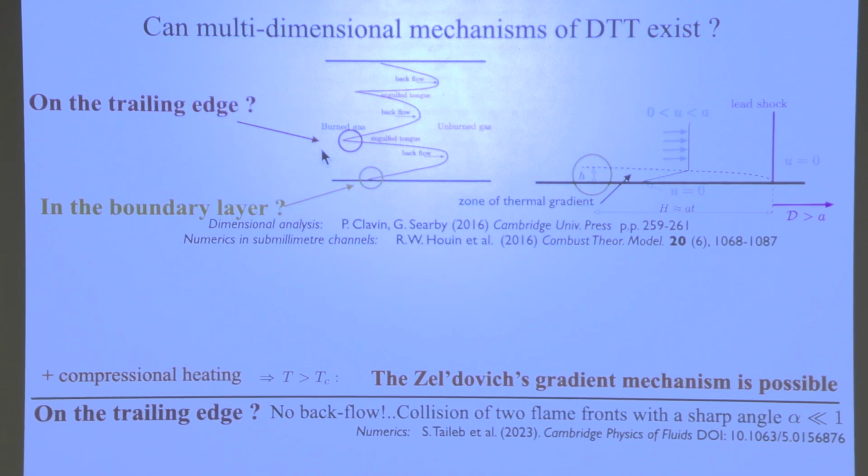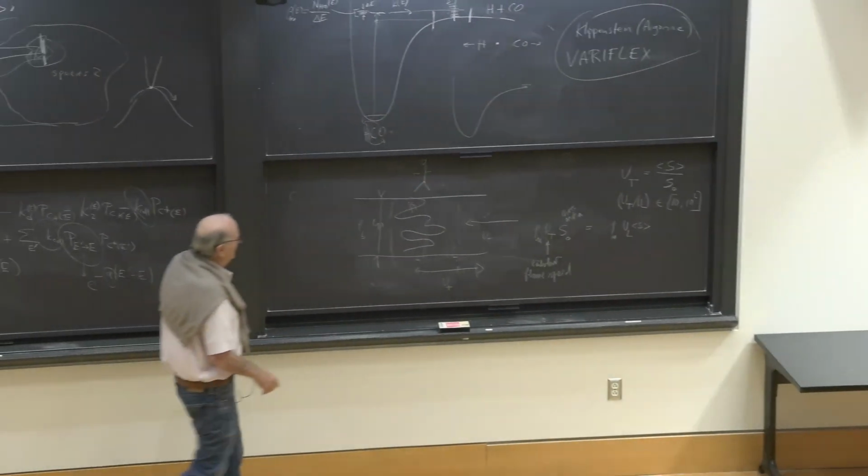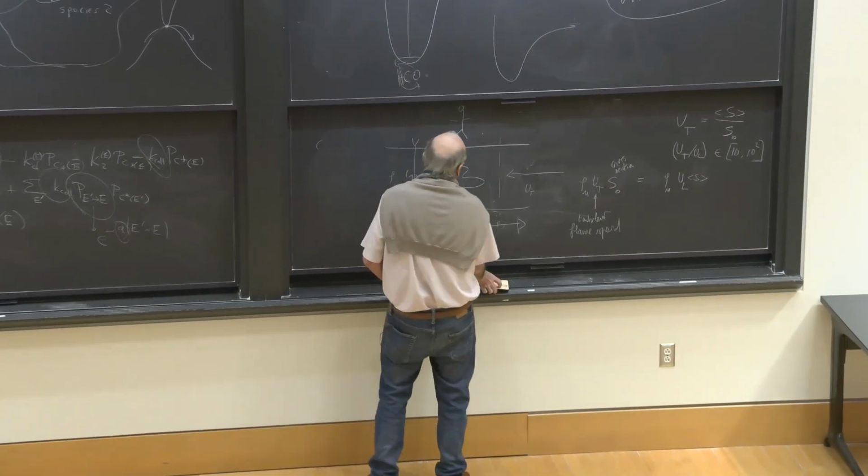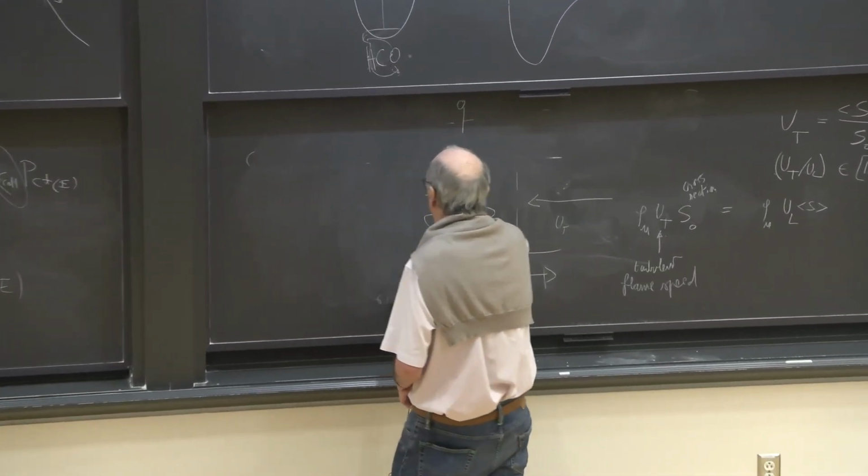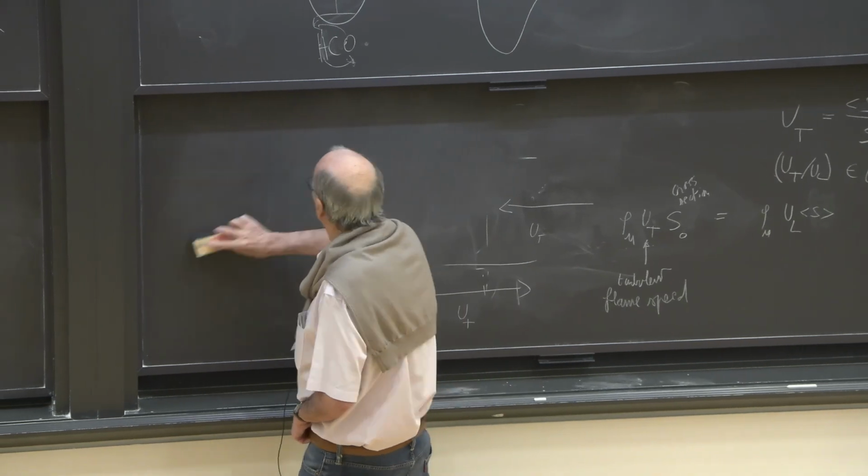So there is a possibility to have a transition of DDT. In that case, it has not been proved for the moment, but I can explain how it can work. It's quite different.